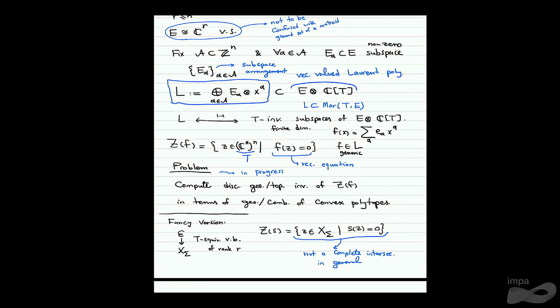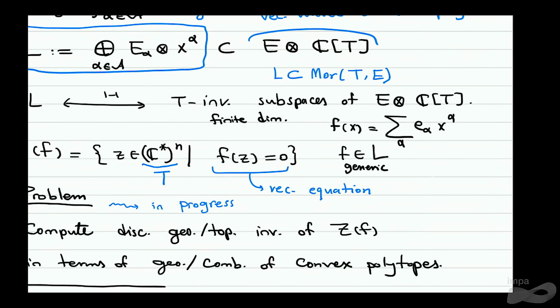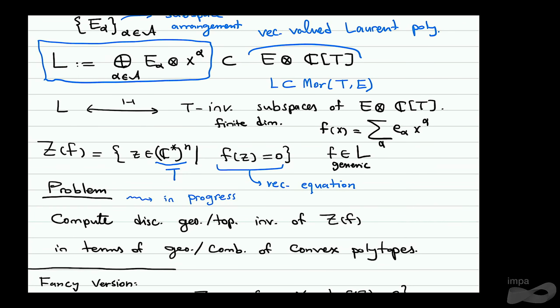Yes. r is less than or equal to n because you want to have fewer equations than unknowns. If you have more equations, r bigger than n, the set may be empty or may not be empty. You can allow that and then ask other questions, for example, under what condition it's empty or not.